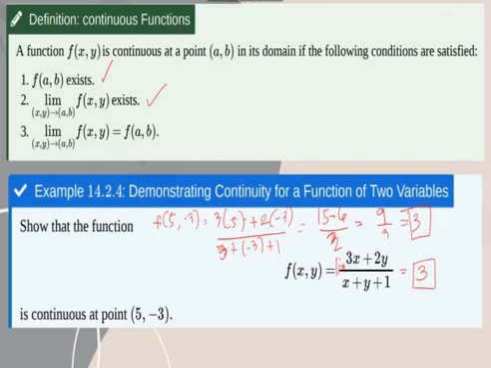Direct substitution na siya. Now, take note nga si number 1 and number 2, by taking the limits, we have the same value which is 3. This means that since they are equal, the function f of xy is continuous.